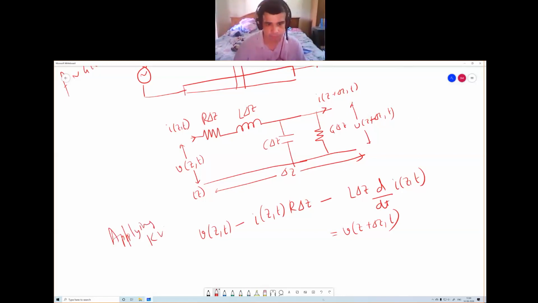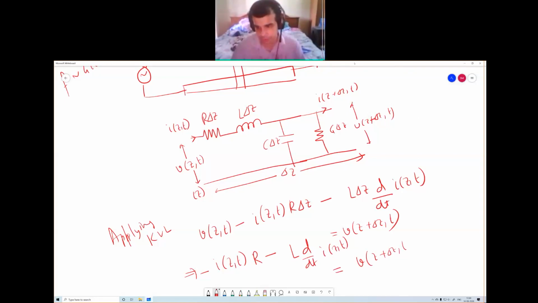Let us take this v to the other side. So minus i(z,t) R minus L d/dt i(z,t) is equal to [v(z+delta z,t) minus v(z,t)] divided by delta z. Is it okay to write this? I am taking this v from left to right and dividing the entire thing by delta z.